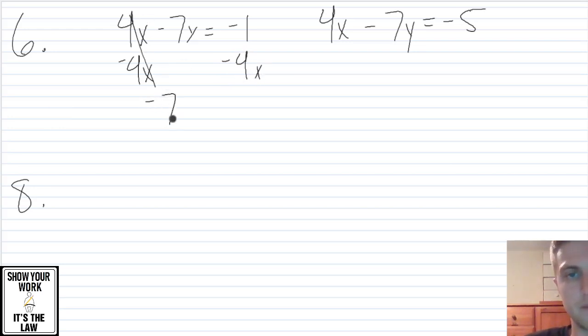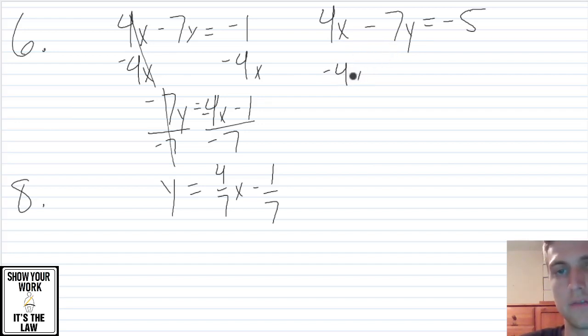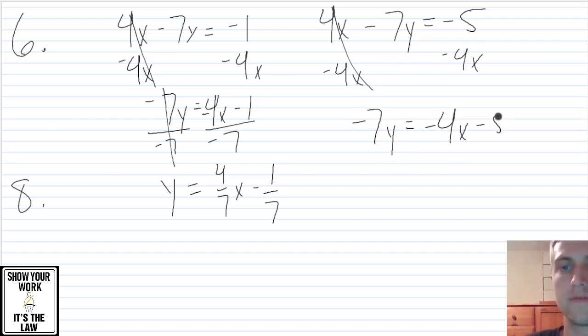That gives us negative 7y minus 4 equals negative 4x minus 1, and then divide by negative 7, divide by negative 7. We're left with y equal to 4 over 7x minus 1 over 7, and then we'll get y by itself over here, minus 4x, minus 4x. It gives us negative 7y equals negative 4x minus 5, divide by negative 7, divide by negative 7.